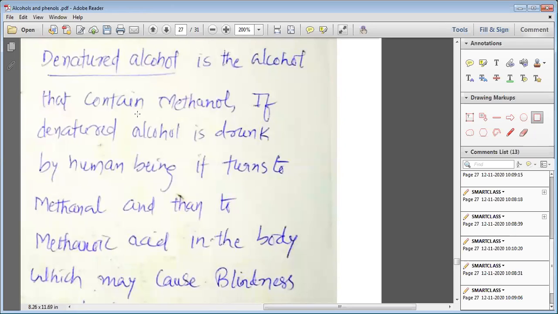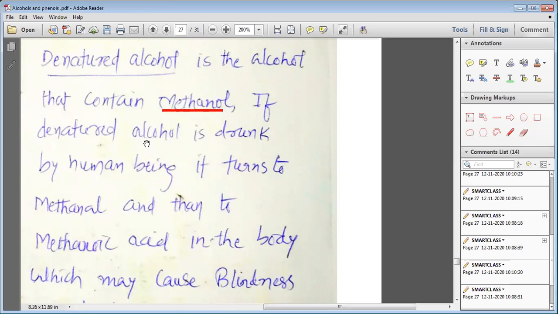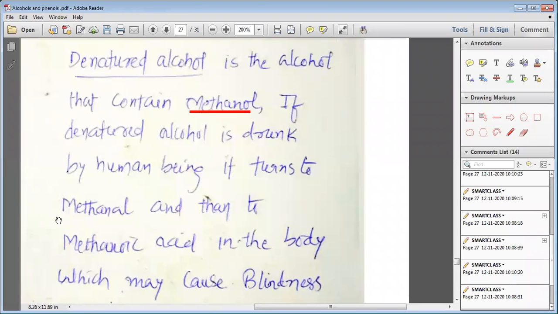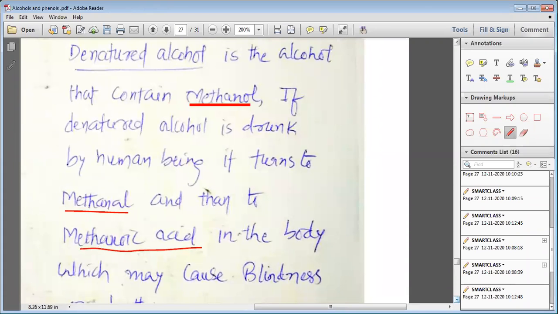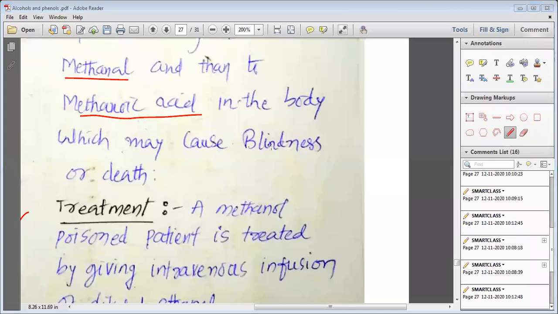Denatured alcohol is alcohol that contains methanol. If denatured alcohol is drunk by a human being, the methanol in our body is converted into methanal and then to methanoic acid, which may cause blindness or death.